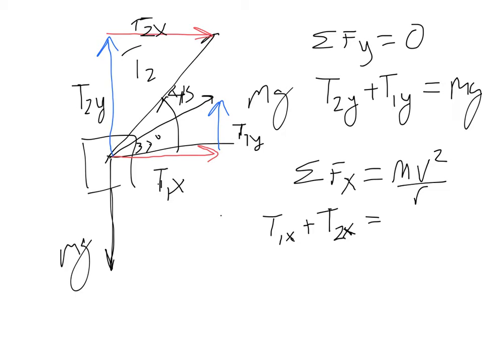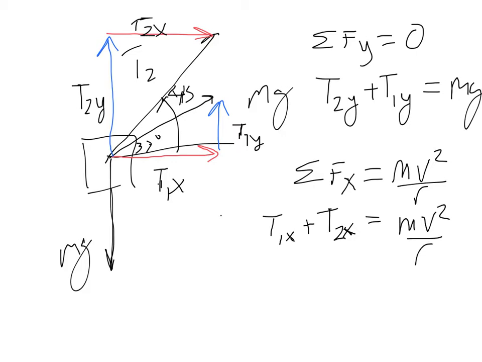The sum of the forces are m a sub c, or mv squared over r, always. Vertically, it doesn't move at all. But in the horizontal plane, it moves in a circle. So that gives us mv squared over r.